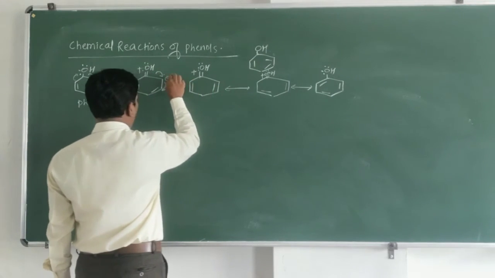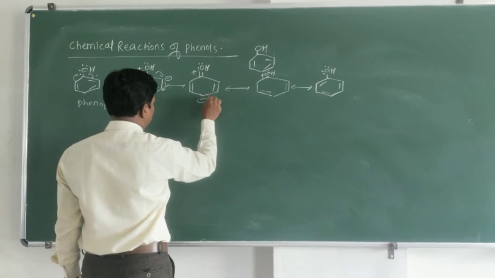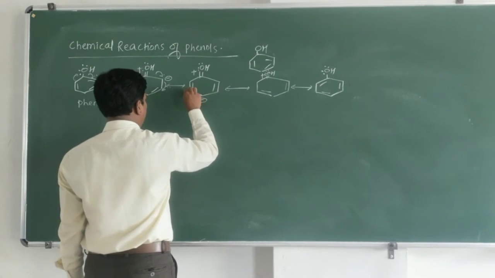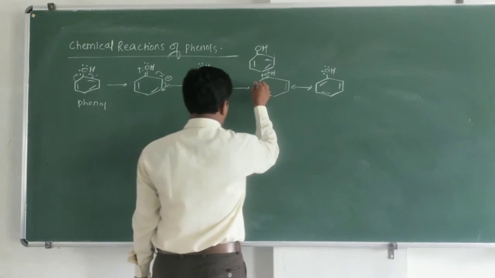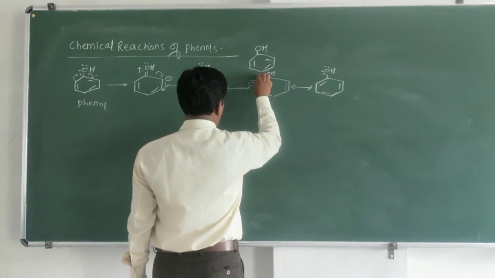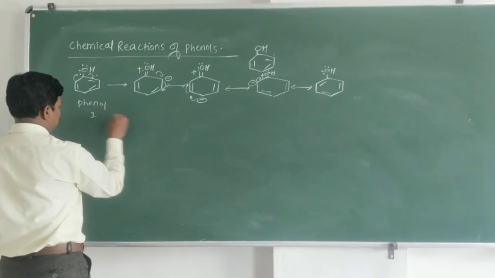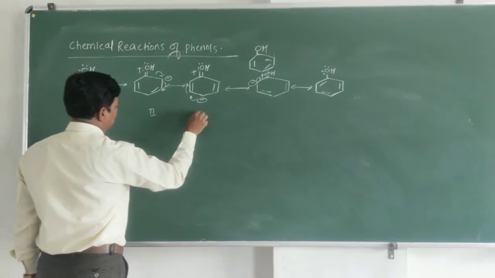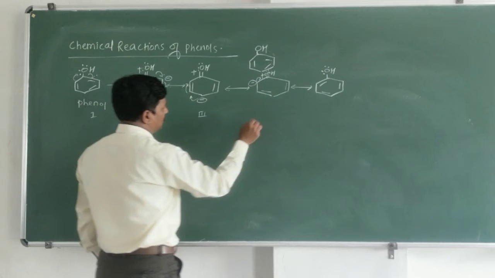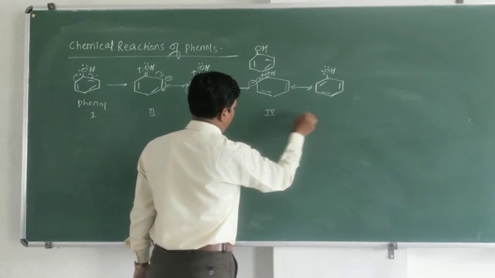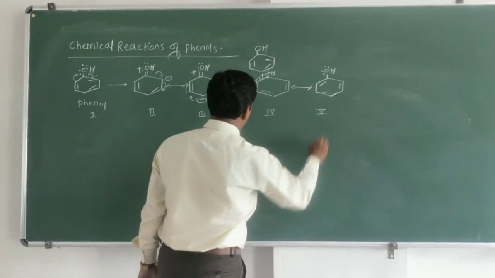Now this should be the ortho position, this should be the para position, and again this should be the other ortho position. So this is the first structure, this should be the second, third, fourth one, and this one is the fifth structure.